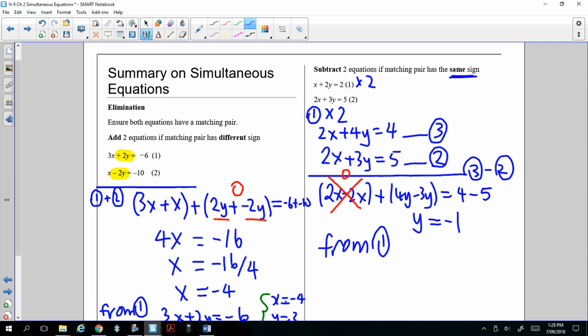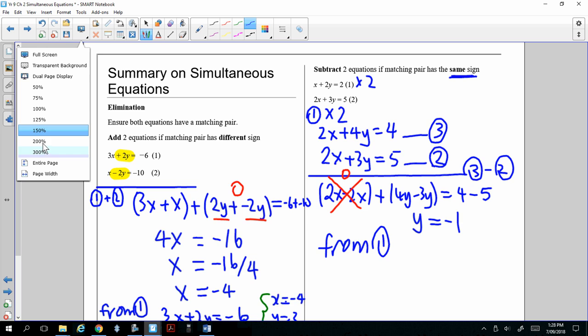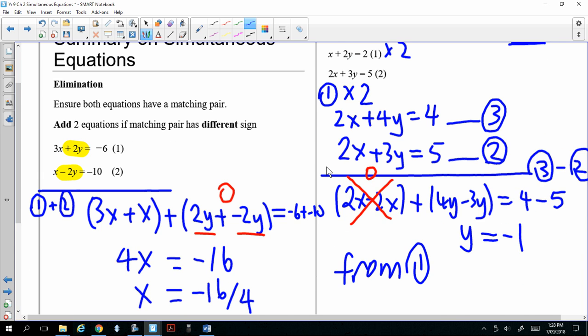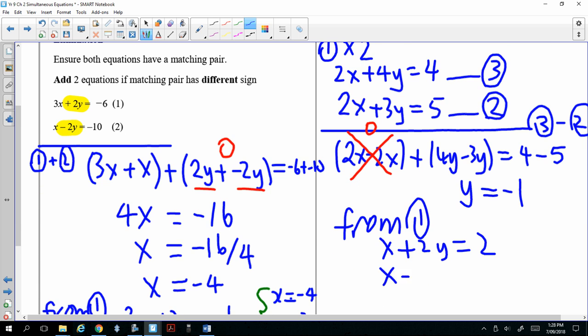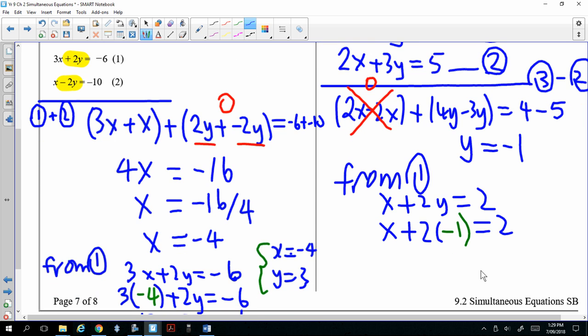Okay, let's see. Now, Jack, I hope you've done it. So, if you're going to use 1, what should we do? Yes, you multiply by negative 1, you get 2. What do you get? Excellent.